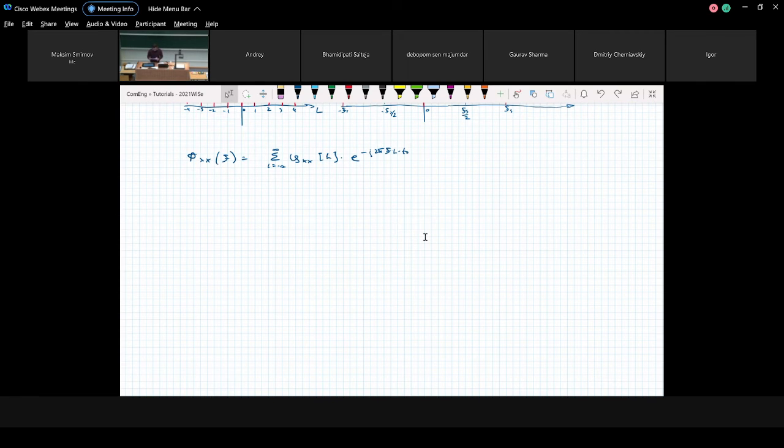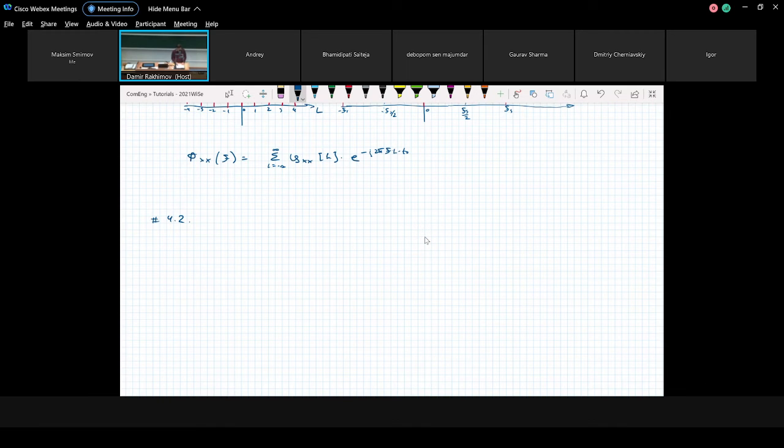Now we go to question 4. For this task, we consider a discrete time filter with the impulse response h(n), according to the figure.